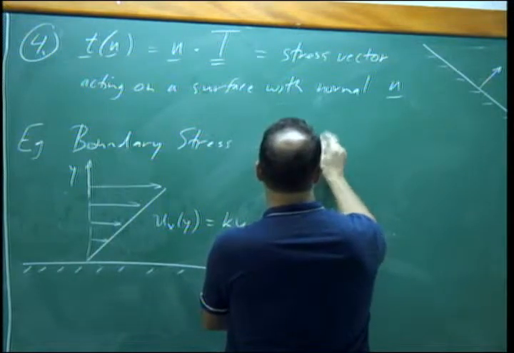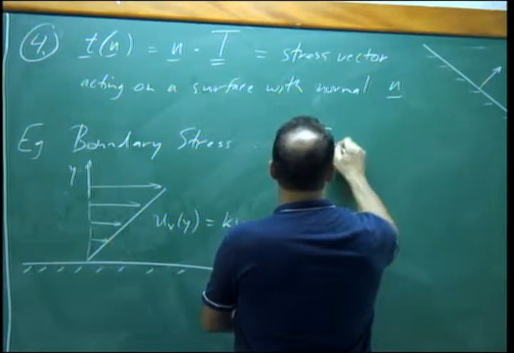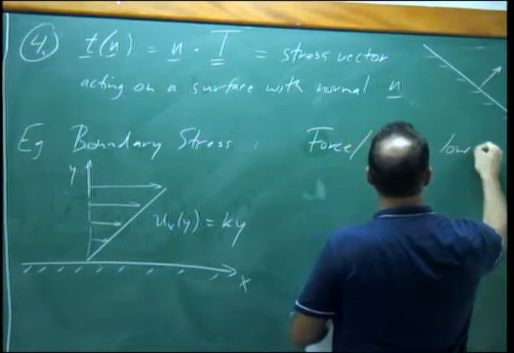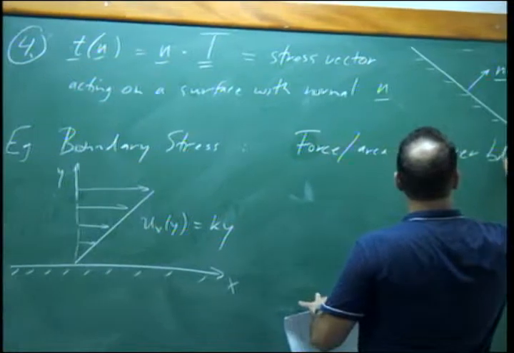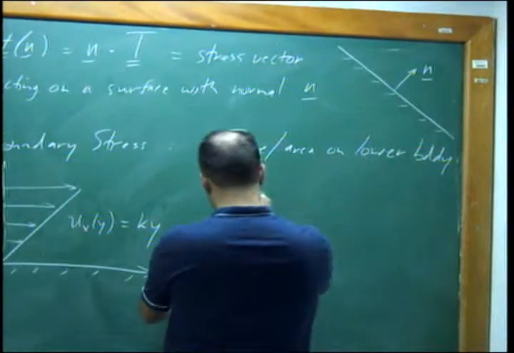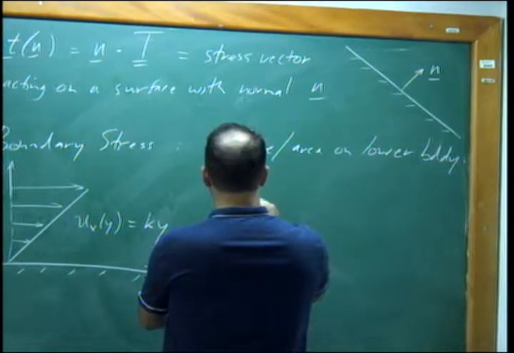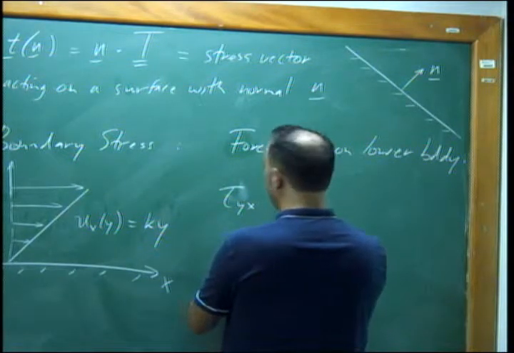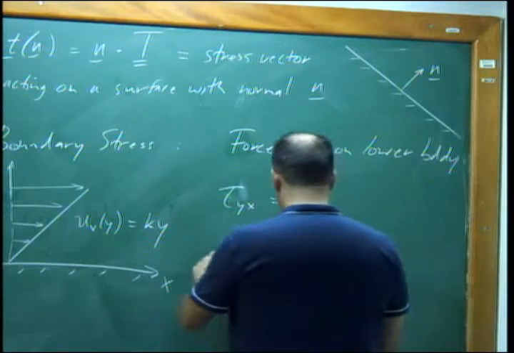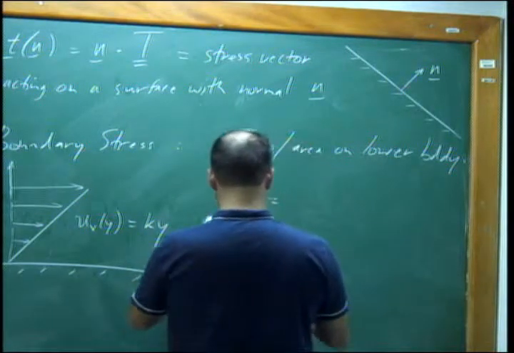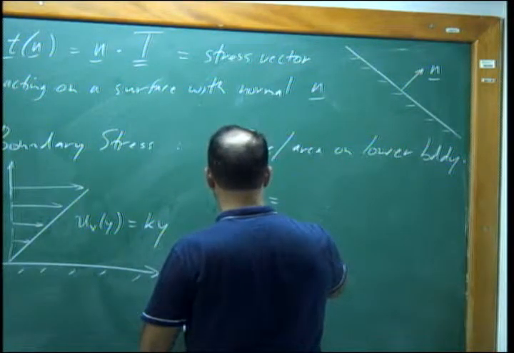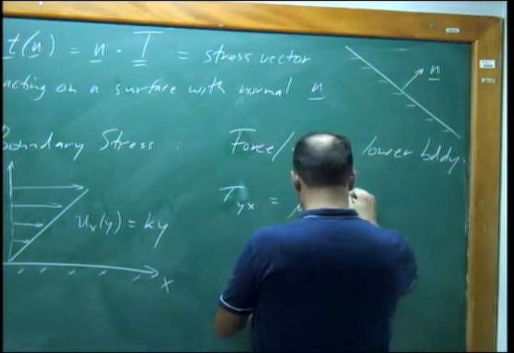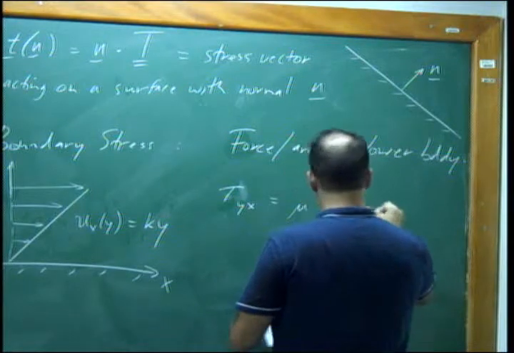So the force per unit area on the lower boundary is going to be Tyx. I should just call that T. Tyx equals mu dux/dy.